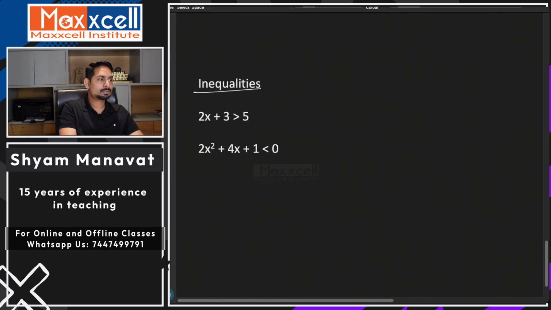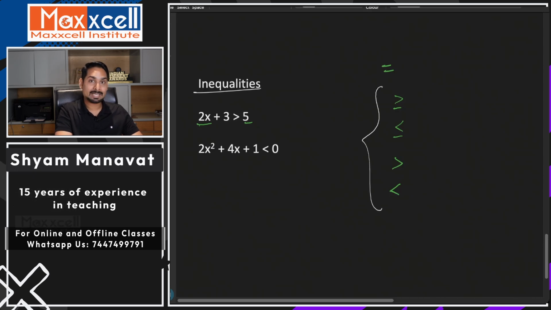Inequalities. Here also you will find two sides, but the two sides are divided by an inequality sign. Inequality signs are greater than or equal to, smaller than or equal to, greater than, smaller than. They are all inequality signs.